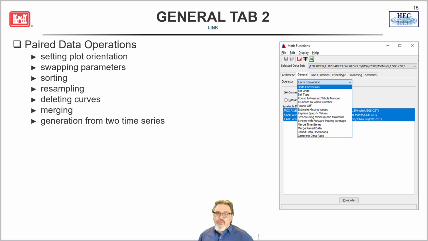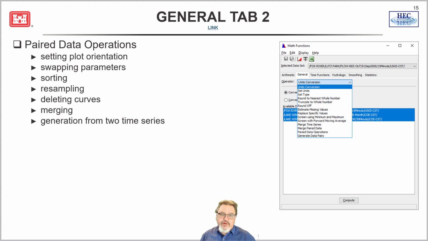If we plot a paired data record, we see an X versus Y. Well, which parameter gets the X and which parameter gets the Y? You can assign that within a paired data record, and that's one of the operations you can do here. You can say, well, I don't want to see flow on the x-axis and stage on the y-axis.